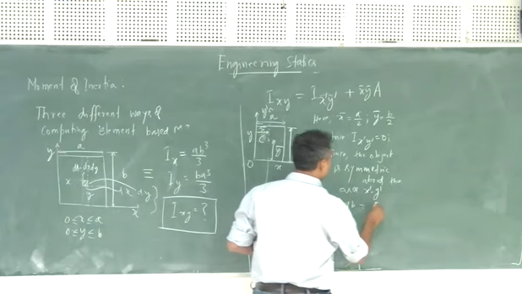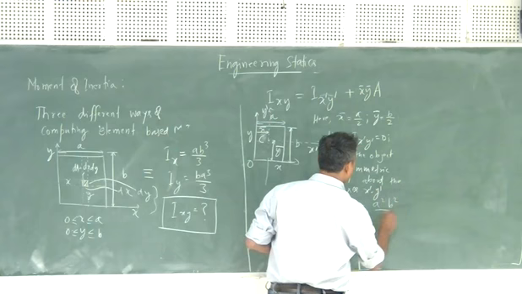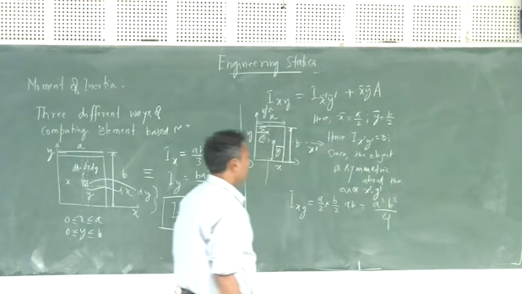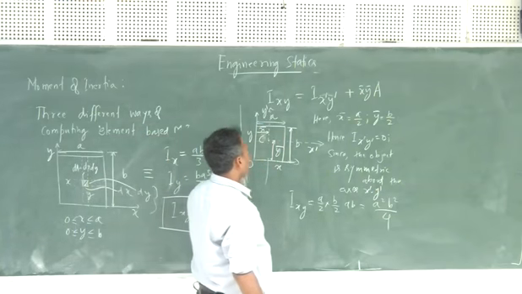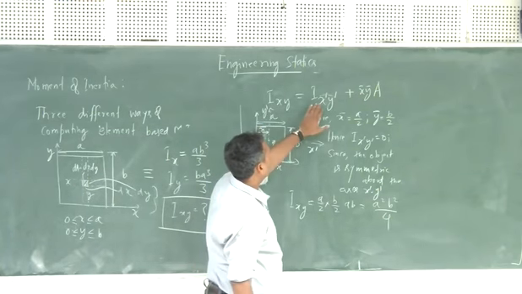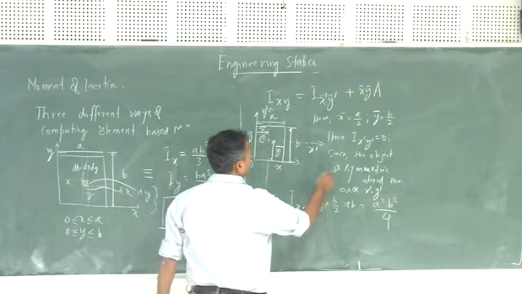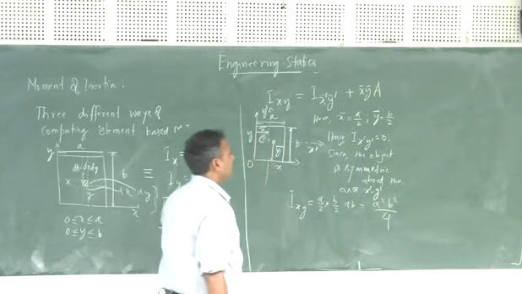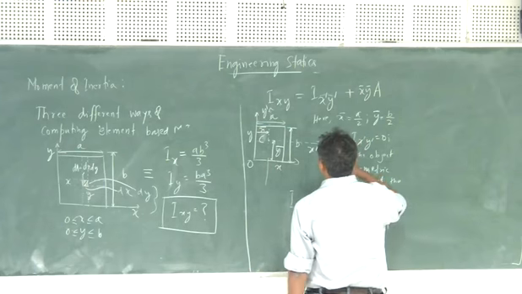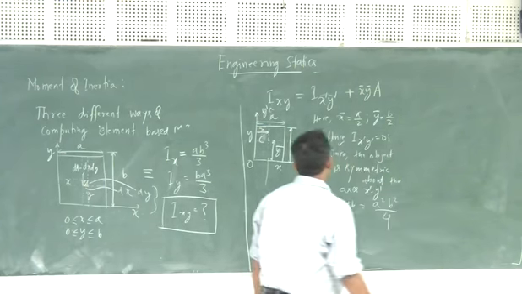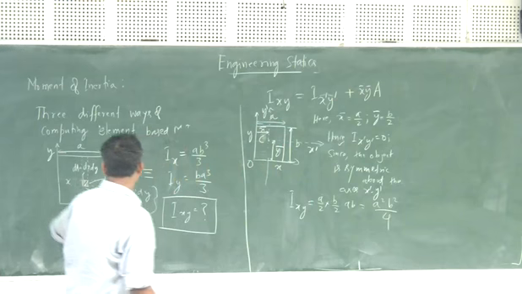So this will be a squared b squared by 4.